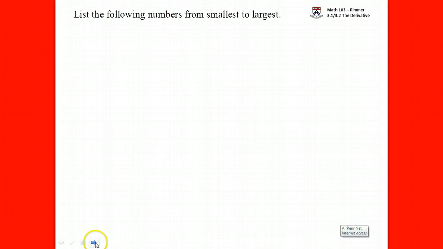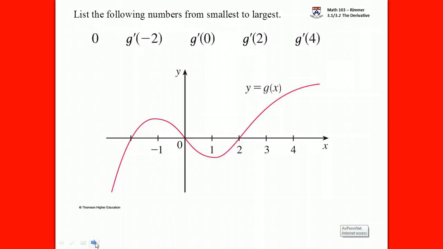All right, so here's just a thought question before we get to the calculation of some of those tangent line slopes. We have here a graph of a function called g of x, and we have 5 different values. These are symbols, and we have to decipher these symbols and list them from smallest to largest.